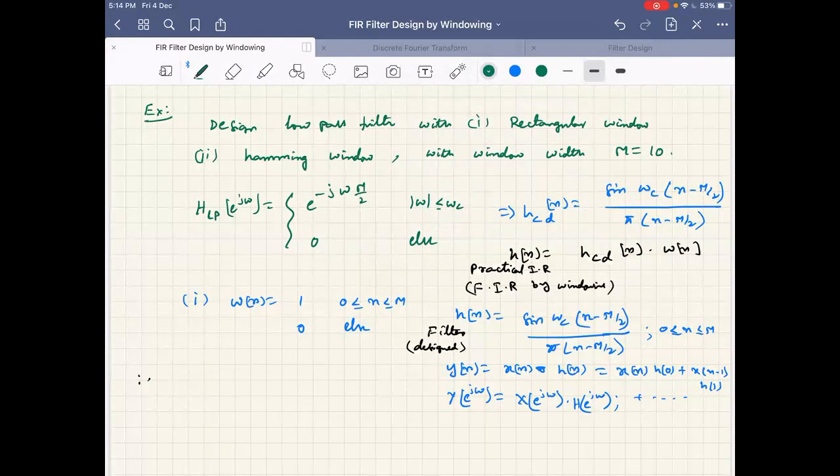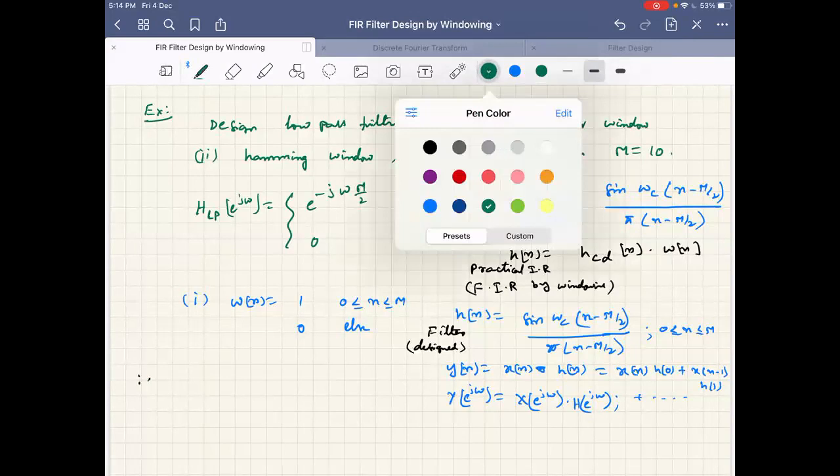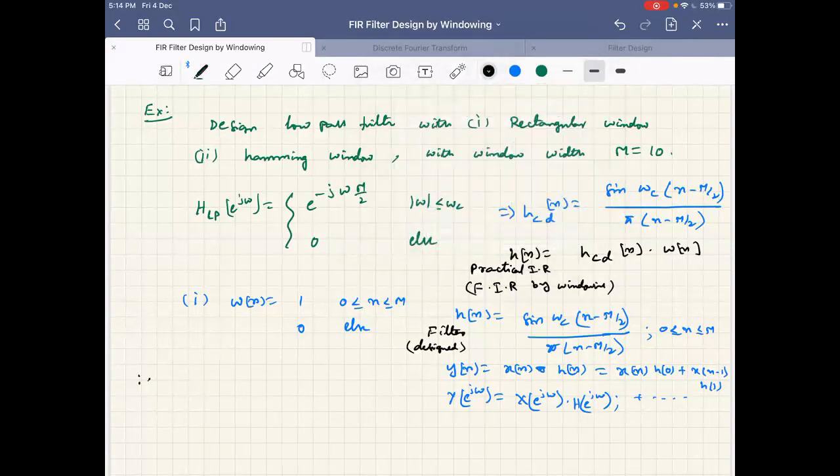We substitute exactly this in the same expression. So this expression is common, h of n equal to W of n into the desired response. In this we substitute. This is the final expression for our substitution.